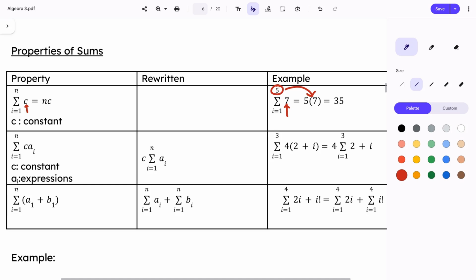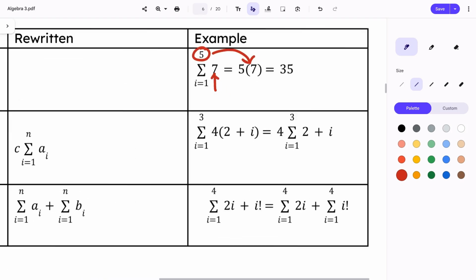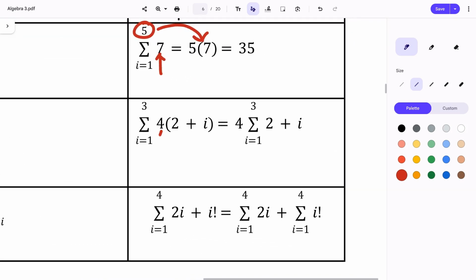The next one, though, is if you have a constant that you could possibly factor out of the expression, or maybe it's written where there's a number and then everything that follows it that has the variable is inside of parentheses. You can pull that out into the front and just work with the stuff inside the parentheses if that makes it easier. And then at the very end, you'll multiply by that number that you wrote out in the front. So they're showing an example again over here. 4 is written in front of the parentheses 2 plus i.